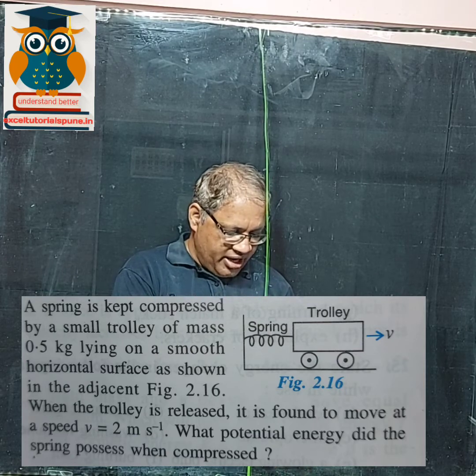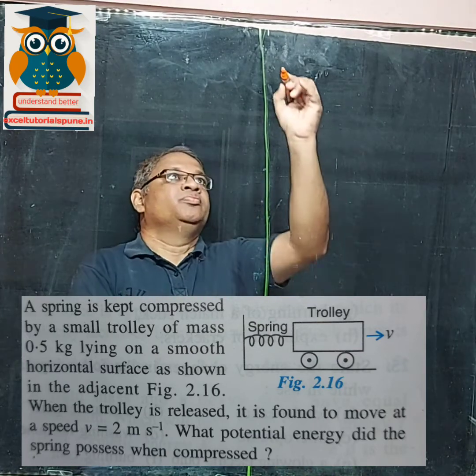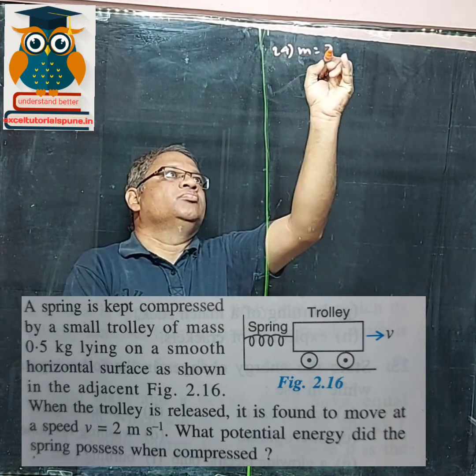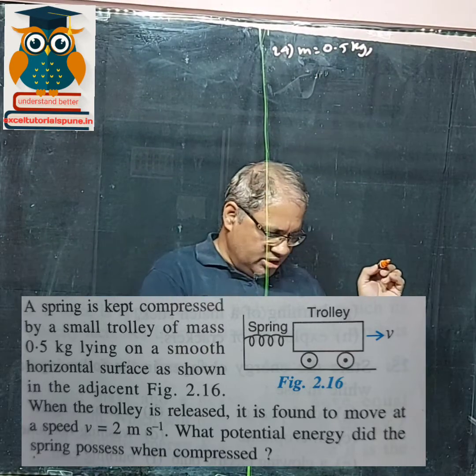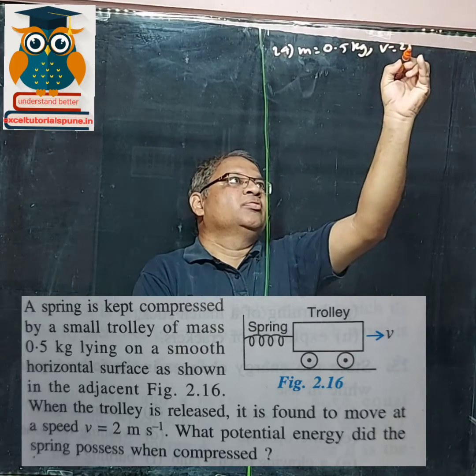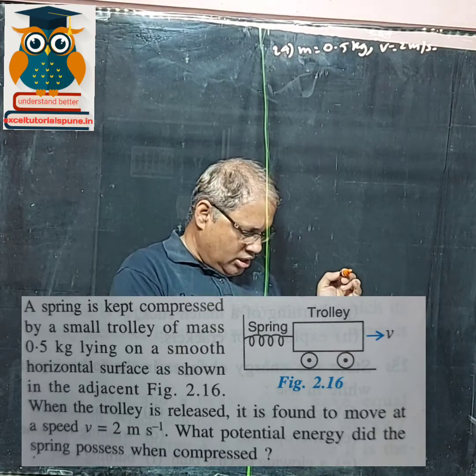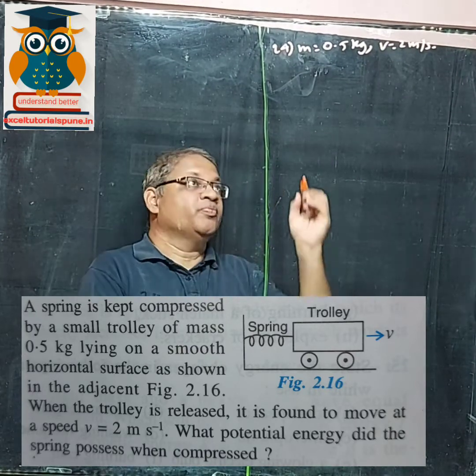the mass is given as 0.5 kg. And the velocity is 2 meter per second. And they are asking potential energy.